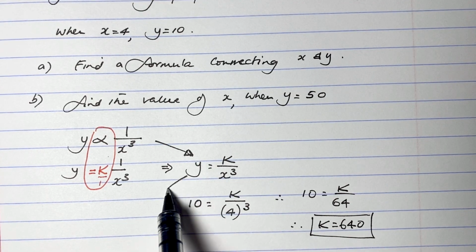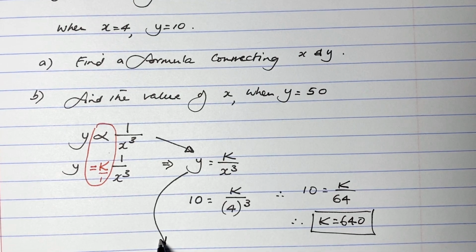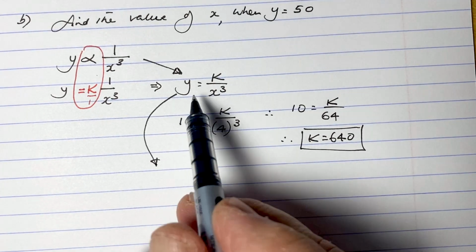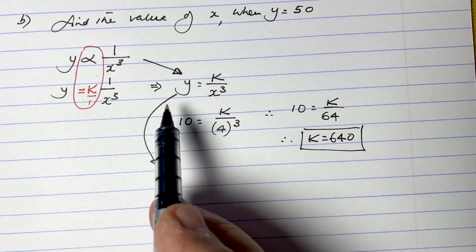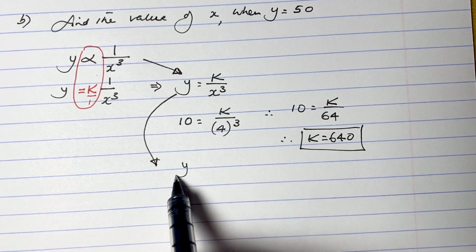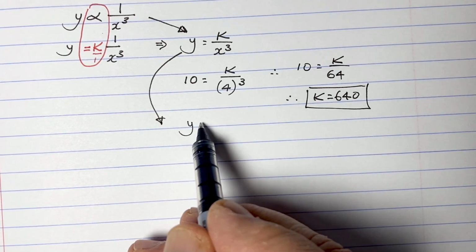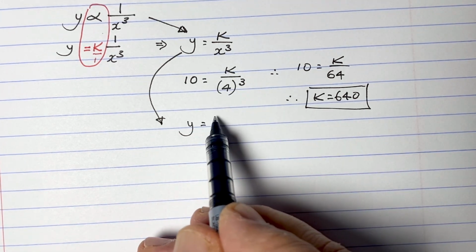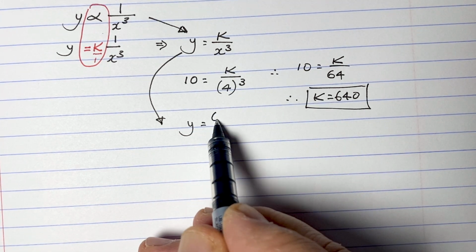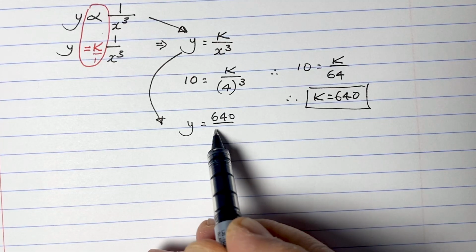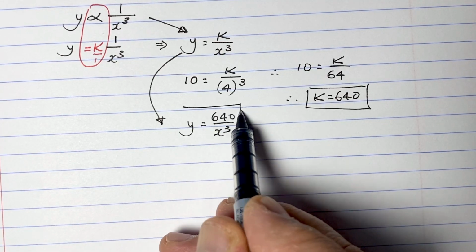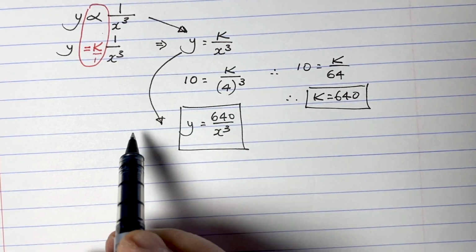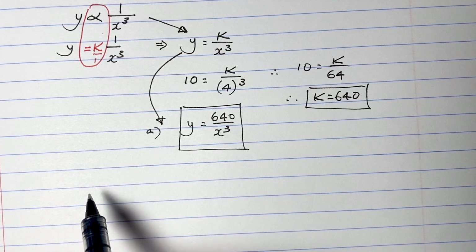I'm going to replace it in that equation, or the formula, so we know the value of y when k is 640. So this is my formula. That was part A of the question.